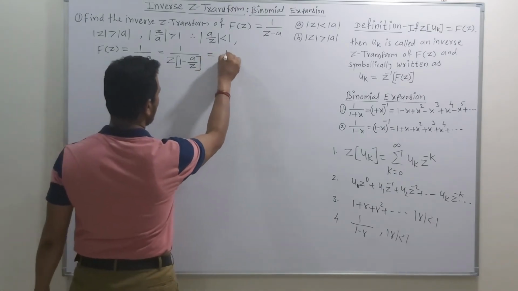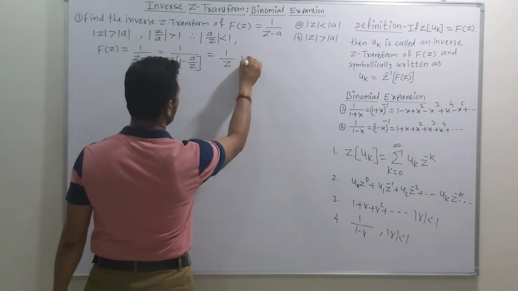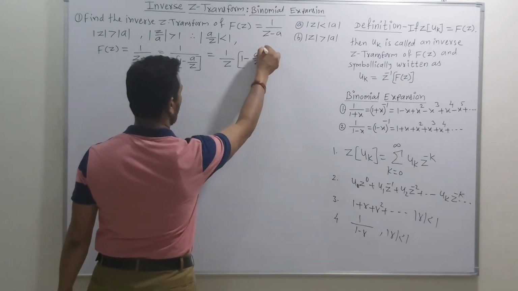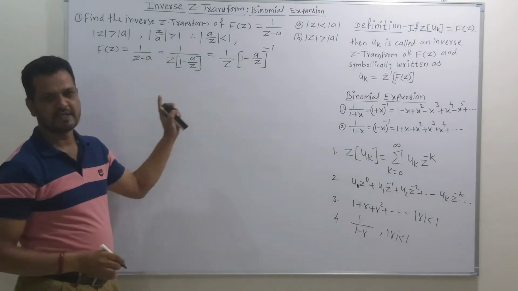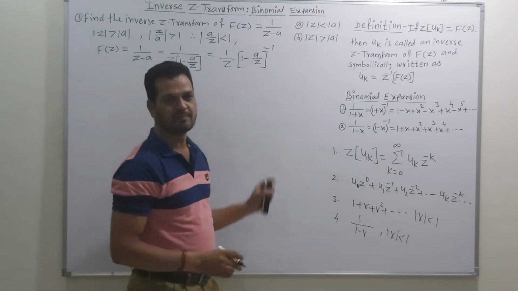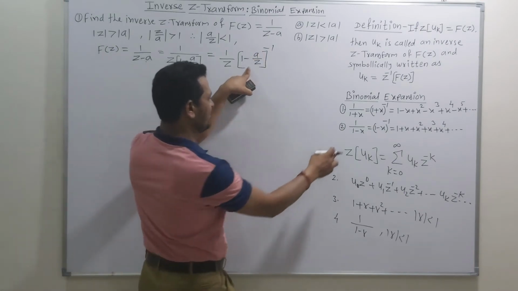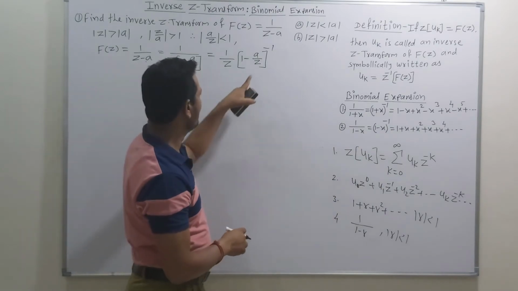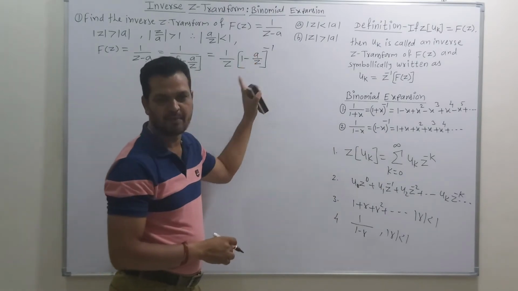Moreover, we can write this as 1 upon z, then 1 minus a upon z raised to minus 1. This 1 upon z stays as it is, and we take the bracket term in the numerator, where the power is minus 1. This term is of the type 1 minus x raised to minus 1, where the value of x is a upon z.